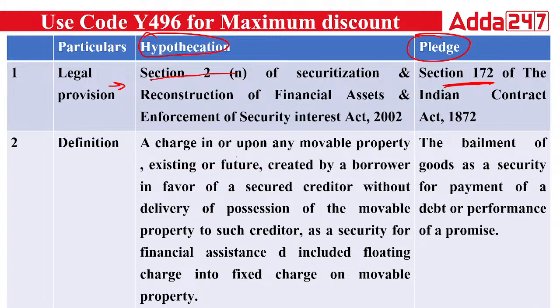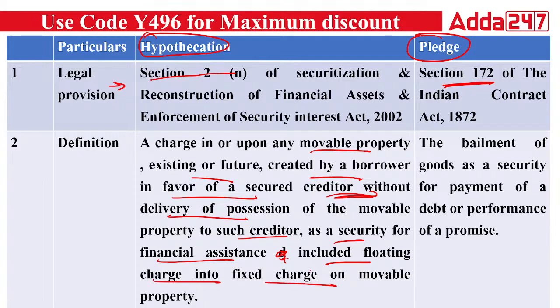Definition: we know a charge is in or upon any movable property, existing or future, created by the borrower in favor of a secured creditor without the delivery of possession, because in hypothecation possession remains with the borrower. Okay, so property to such creditor as a security for financial assistance, including floating charge, not fixed or immovable property. Clear? So in hypothecation, the possession remains with the borrower.